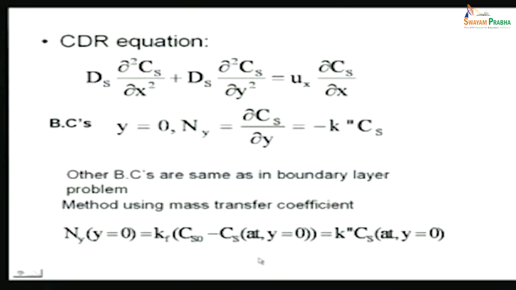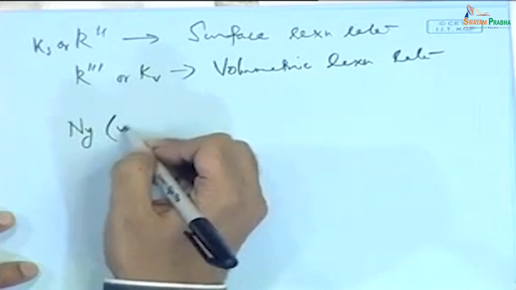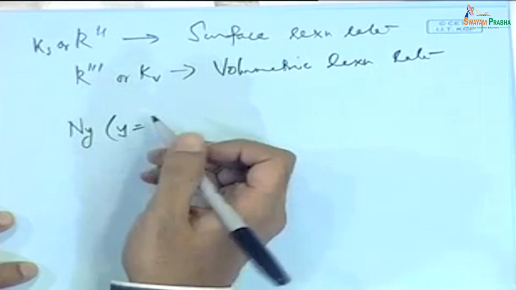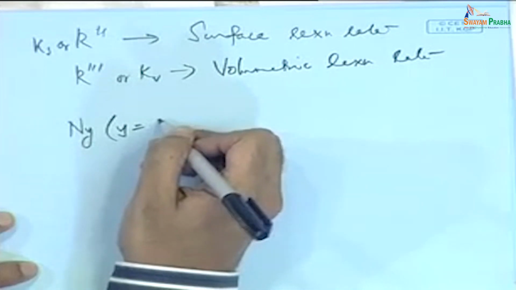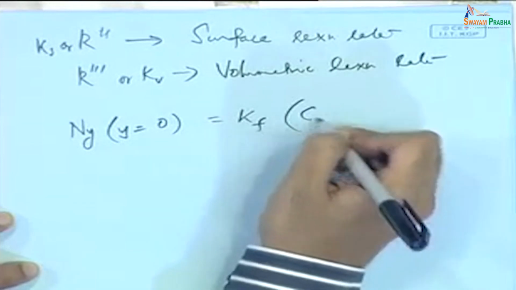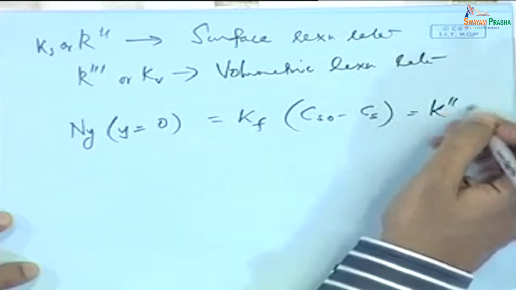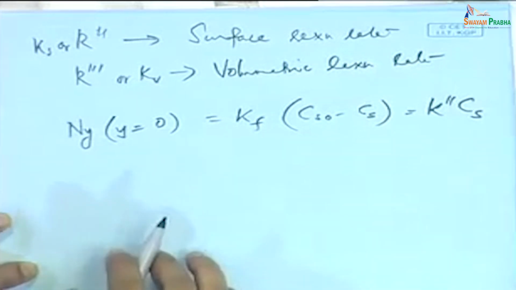Okay. So, this is what you do here, it is on your screen. At y equals 0, kf into Cs naught minus Cs equals k double prime into Cs. Okay. Very straightforward.